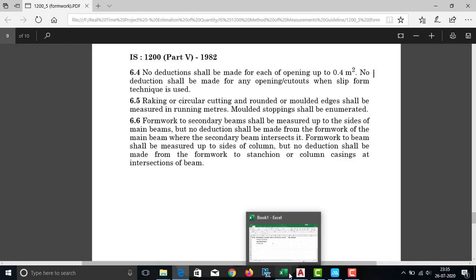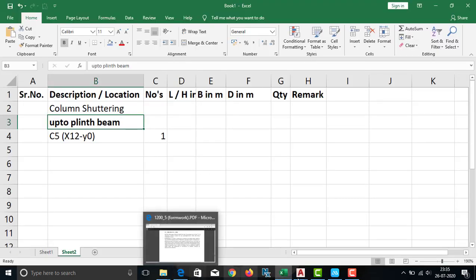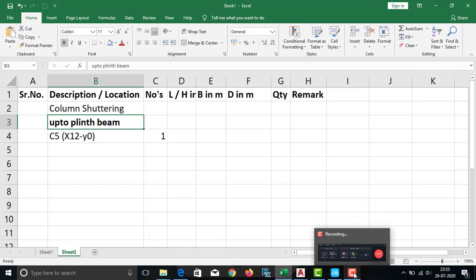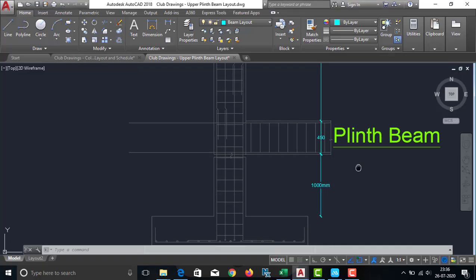So because of that reason only I am not going to deduct any shuttering area because of the plinth beam or any other beams which are intersecting.